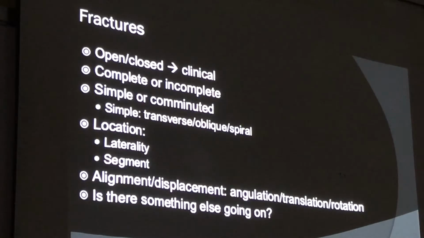Is it transverse, oblique, or spiral? Location: left, right, and segment: proximal, middle, distal. Alignment: are the fracture segments well aligned, or is there angulation, translation, rotation, or displacement? And then, is there something else going on?